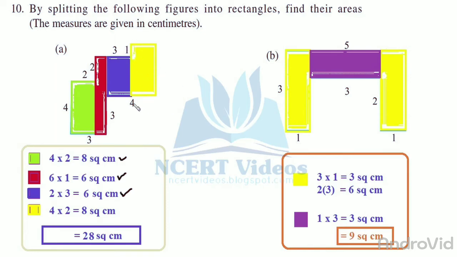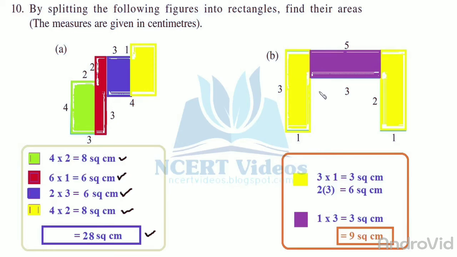As you can see here, this is 4 and this was 2. Therefore 4 minus 2 is 2. Therefore 8 square centimeter. When you add it, it is 28. So 28 square centimeter is your area for the first figure.